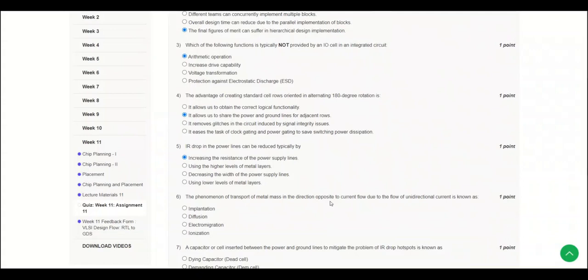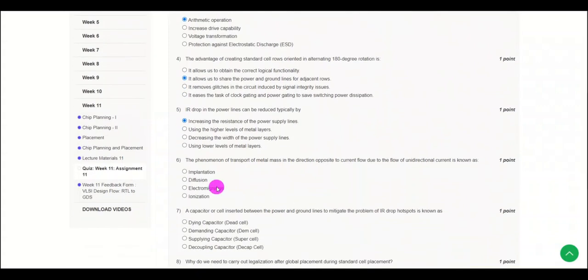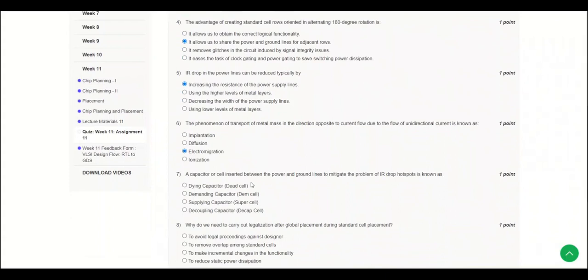Now, for this bounding box, we compute the half perimeter. Half perimeter means that if we count from here to here, either this path or this path, it will give the same length. So, we count: 1, 2, 3, 4, 5, 6, 7, 8, 9, 10, 11. So, the semi perimeter or half perimeter wire length estimate for this net N is 11.